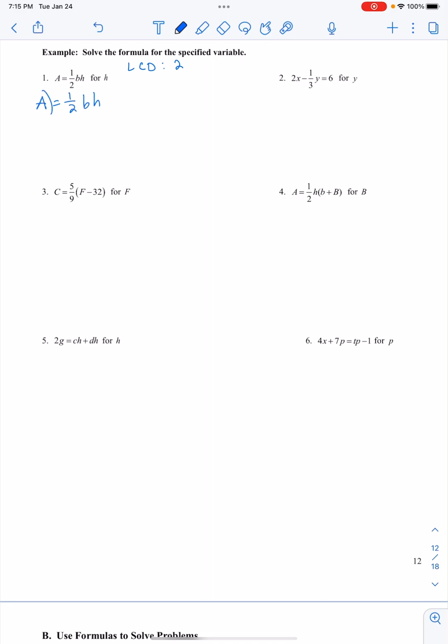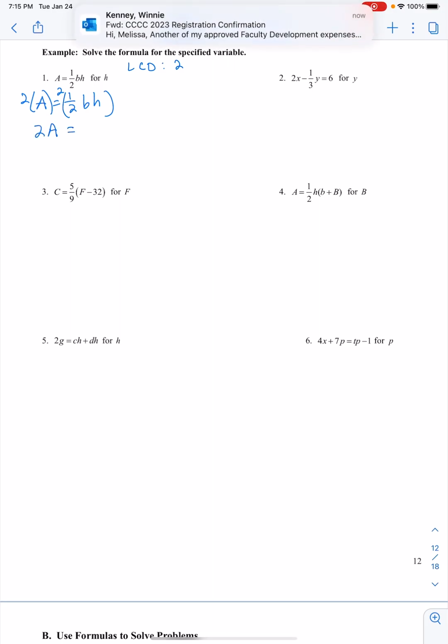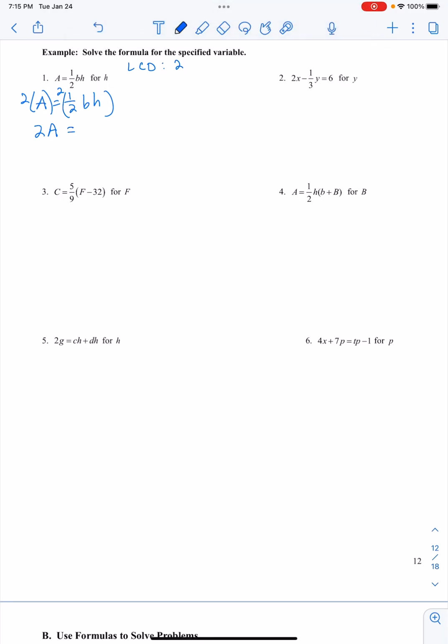and we can multiply both sides by 2. Multiplying both sides by 2 will help us clear out this fraction. So 2 times A is 2A. And then 2 times 1/2, those would drop out, and you'd have BH. Now we're going to divide both sides by b, because bh is multiplication.